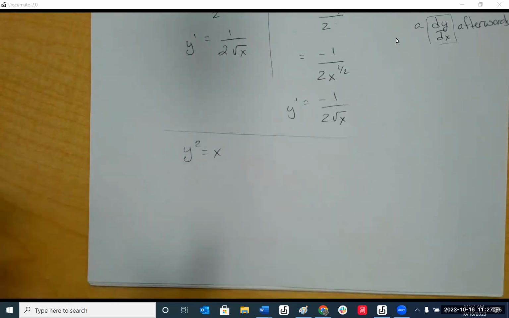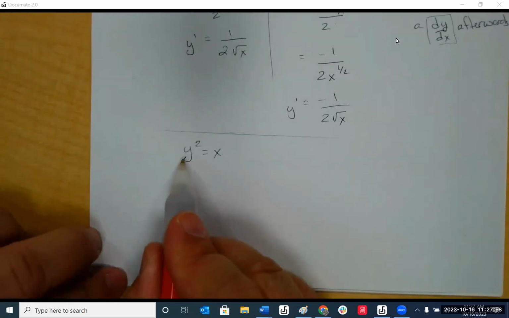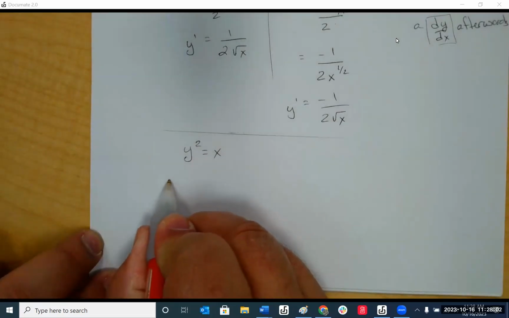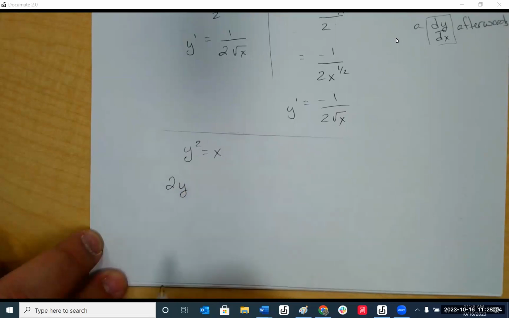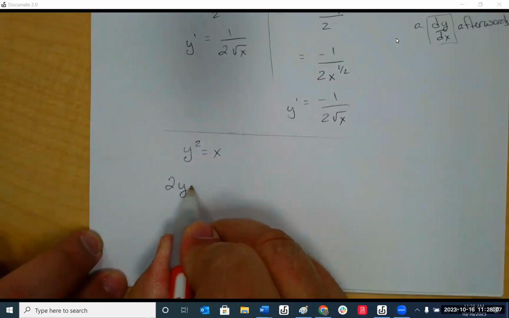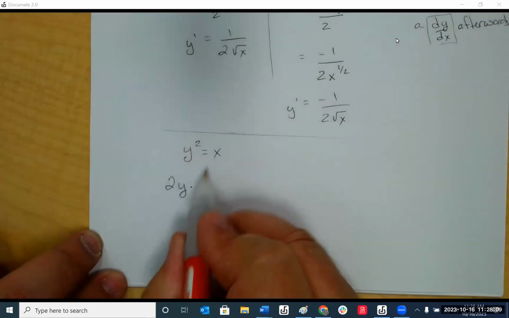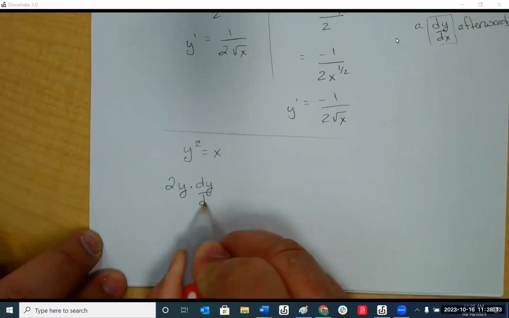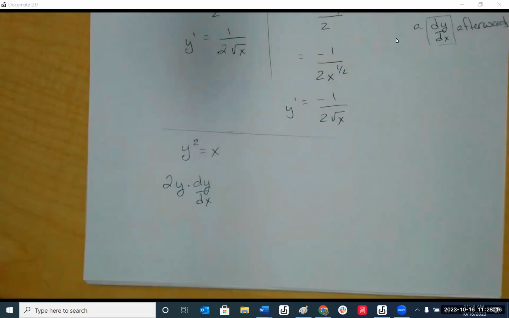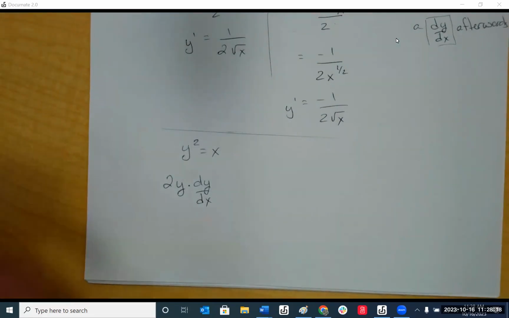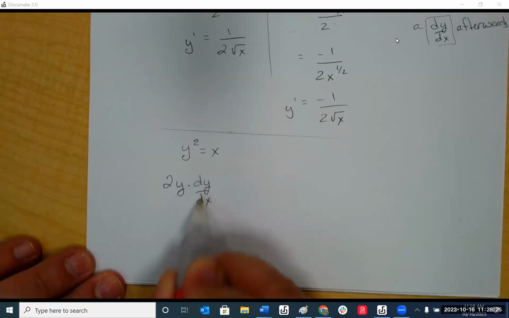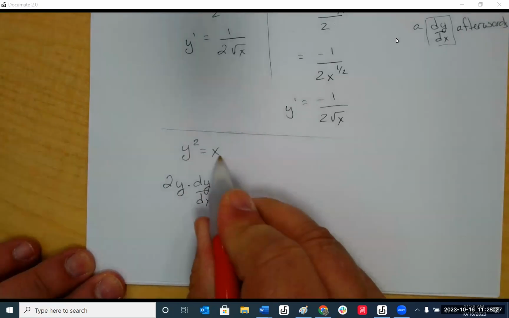On the left side, we separated the x's and y's. So take the derivative of y here. It's going to be what? 2y times the derivative of y, which is 1 dy dx. You still use the chain rule. But after we take the derivative of y, we put dy dx after it. What's the derivative of x?